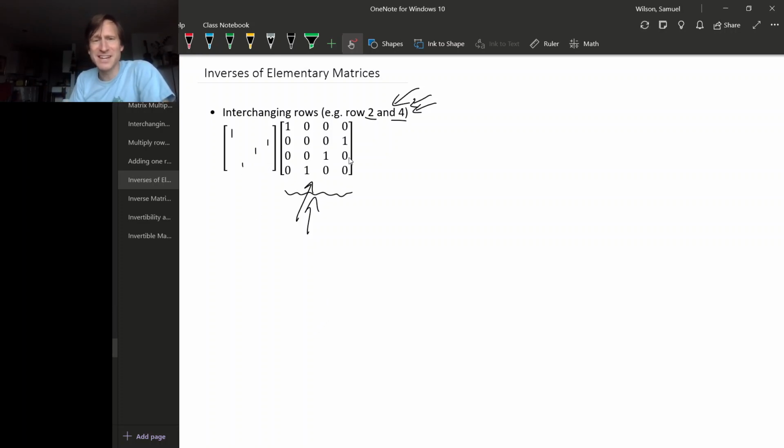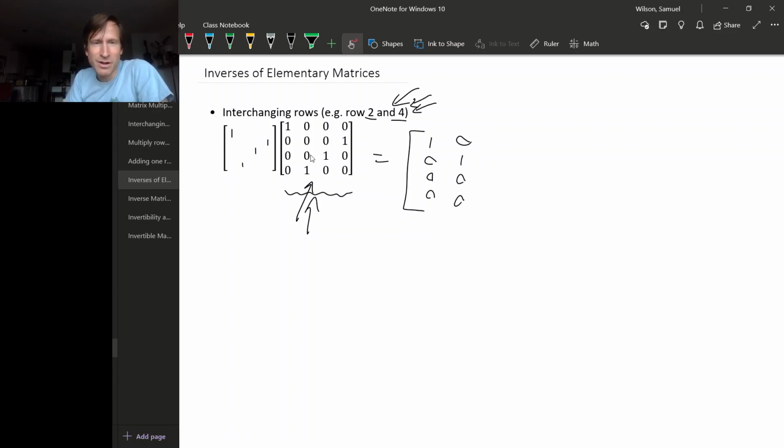Just to check, let's actually work out this product and check that we get the 4 by 4 identity. So first row times first column gives us 1, 0, 0, 0, so just 1. And then as we sweep the first column down, we get nothing but zeros. And then take the second column, sweep it down. You get 0, 1, 0, 0.